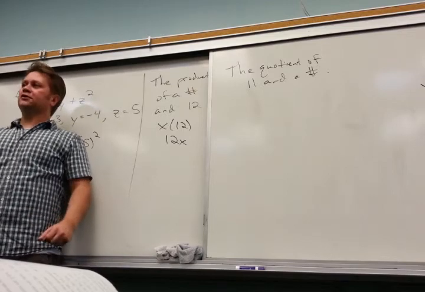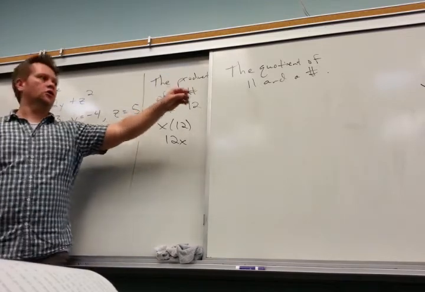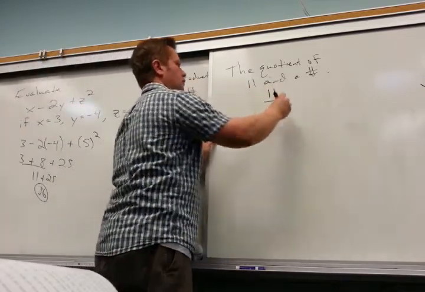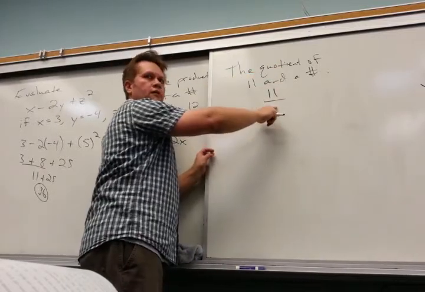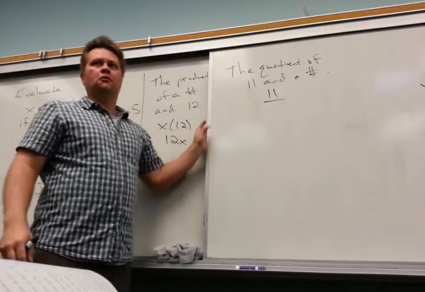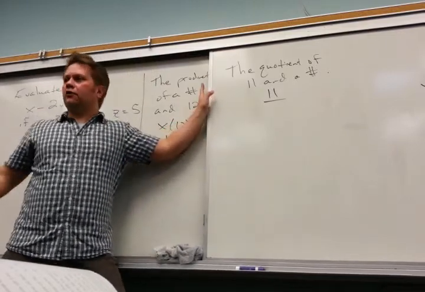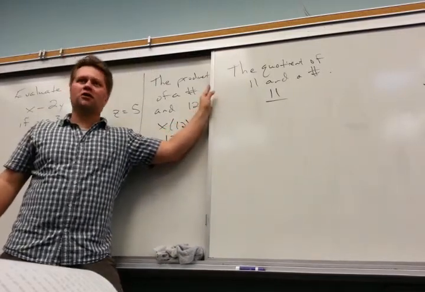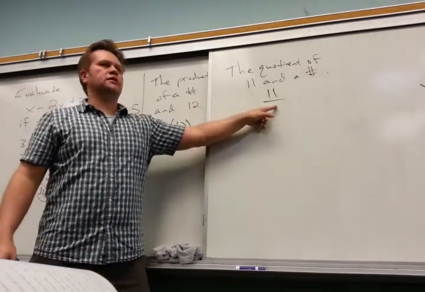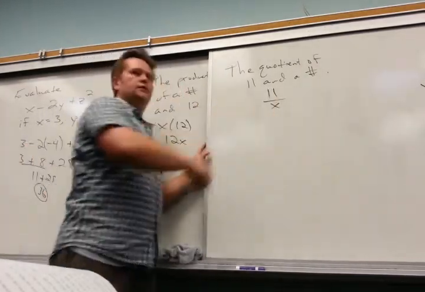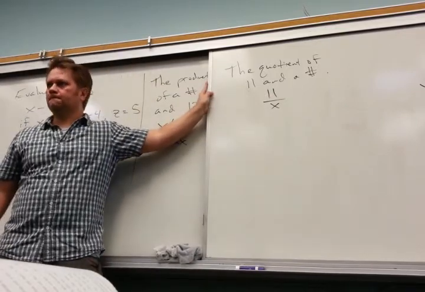So what's got to come first? 11. So the quotient of 11, quotient means divide, and a number would be x, or y, or w, or your favorite Greek letter, Russian letter, happy face, I don't care. Any symbol that represents a number. So normally we just use x if that's all we got to worry about. Right? Okay, cool.